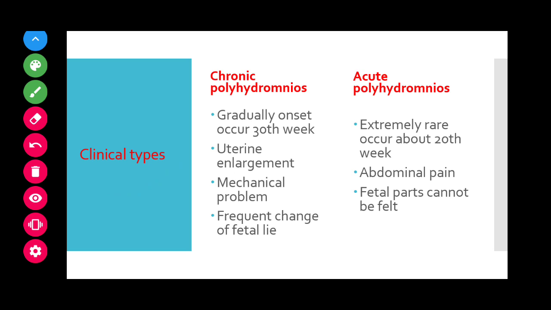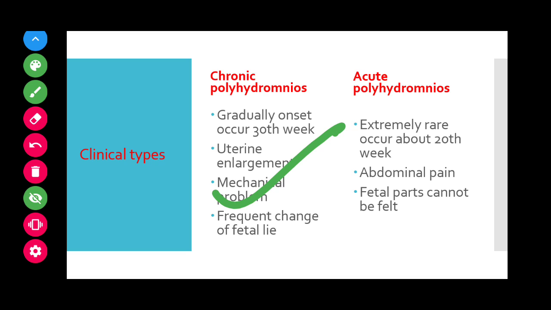Depending on the mode of onset and progress, it is divided into two types. The first one is chronic polyhydramnios. This is the most common type, which is gradual in onset, usually from about the 38th week of pregnancy. In chronic polyhydramnios, it mostly occurs in the 38th week.